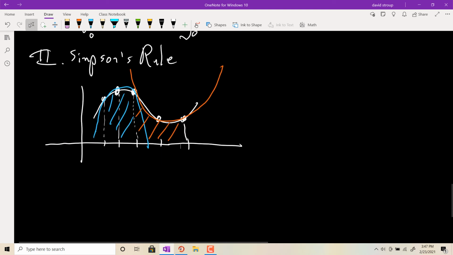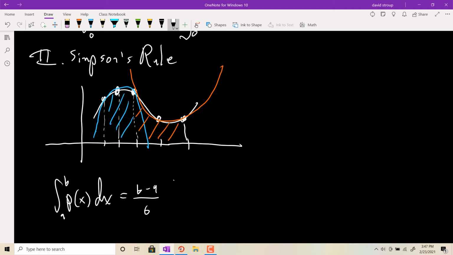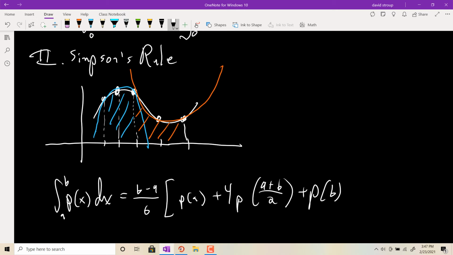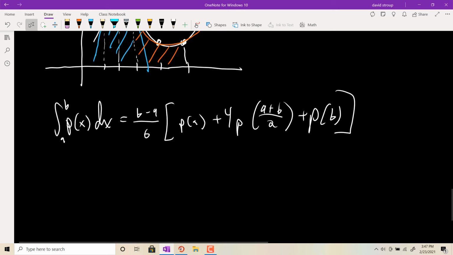It's all based on the fact that if you are integrating a polynomial, like integral p of x dx from a to b, you can figure this out by just using a shortcut formula, b minus a over 6 times p of a plus 4p of a plus b over 2 plus p of b. Okay, so why is this good? It's because you can replace the polynomial with any function you want, and you don't really need to know its antiderivatives.